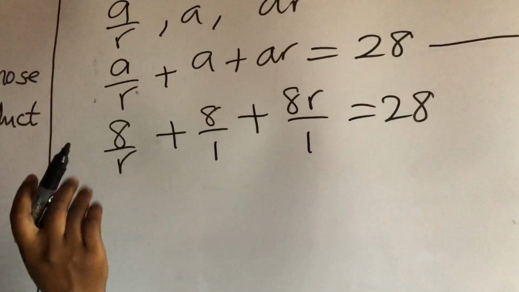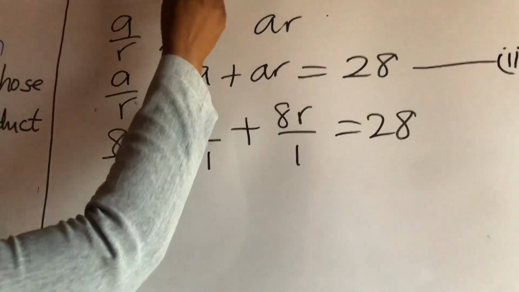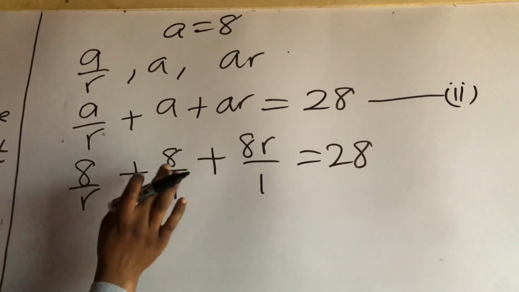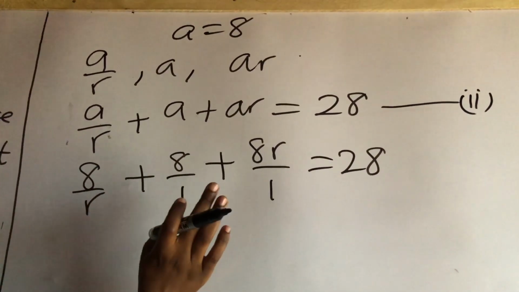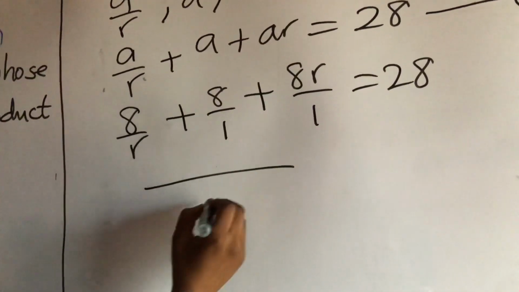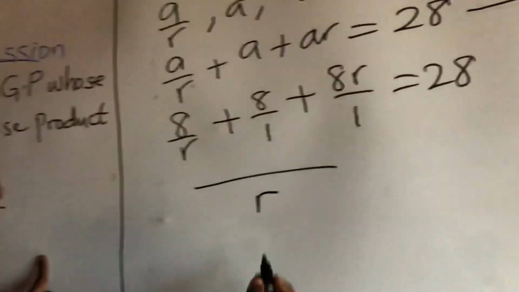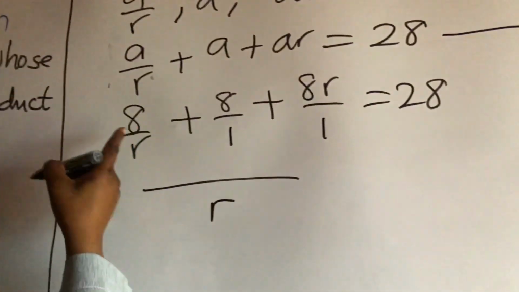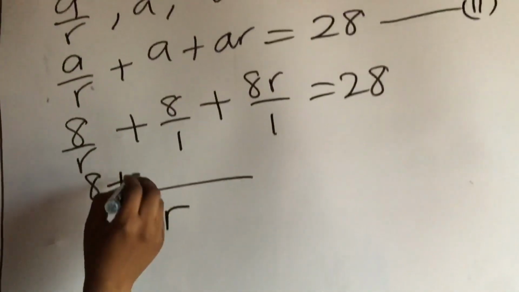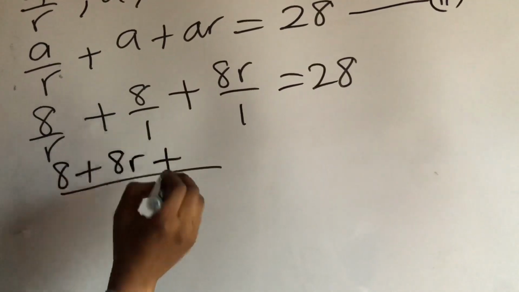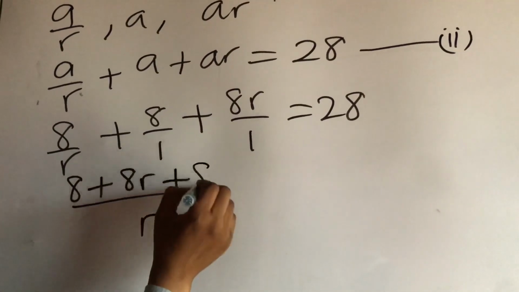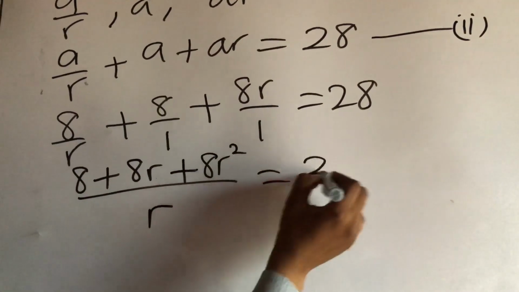Substituting the value of A equals 8 inside equation 2 gives A over R plus A over 1, that is 8 over R plus 8 over 1 plus 8R over 1 is equal to 28. So find their LCM. The LCM will be R. So R in R, 1 multiplied by 8, plus 1 in R multiplied by 8R, plus 1 in R multiplied by 8R squared is equal to 28.